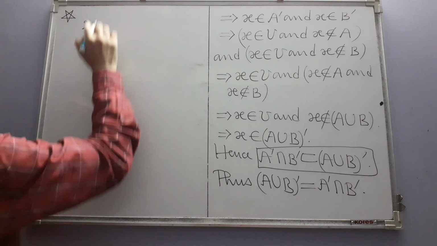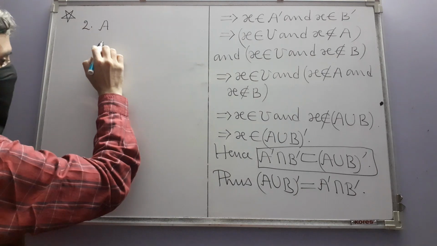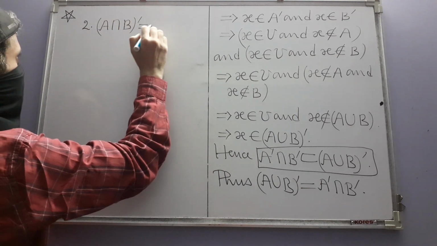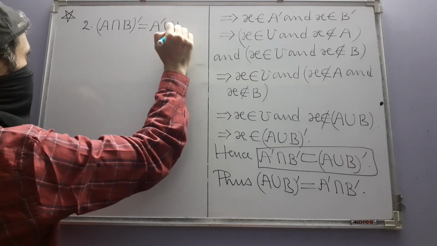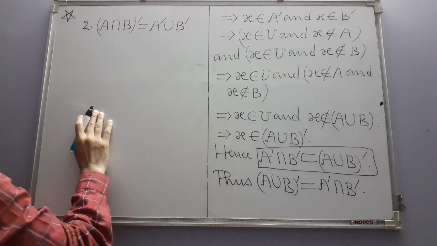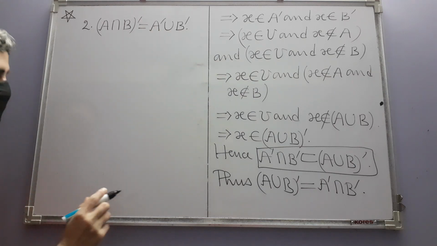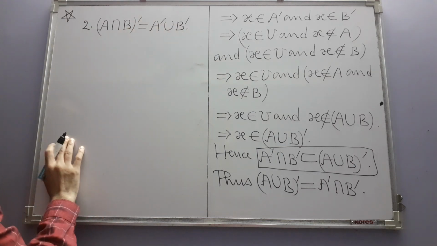Let me write the identity. A intersection B complement is equal to A complement union B complement. Let me show that this is a subset of this. You will have to show that this is a subset of this as well.